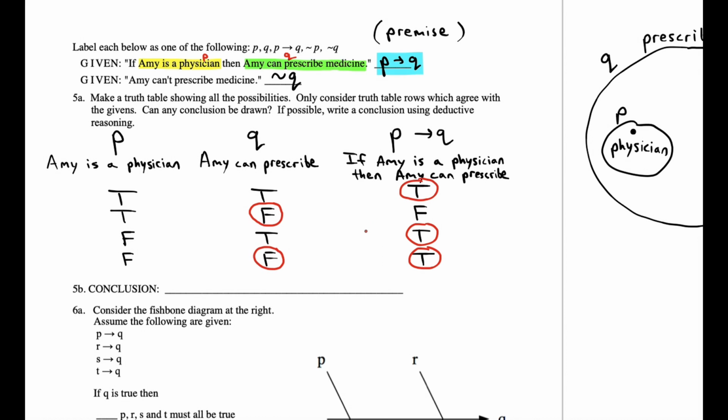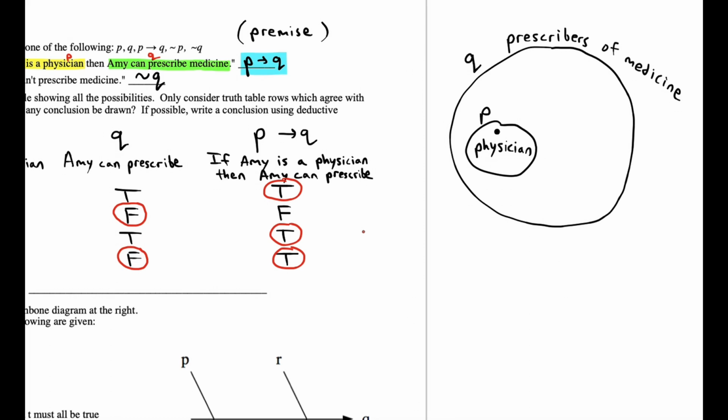I'll ask you, if Amy cannot prescribe medicine, where is she in this diagram? Is she in location A, B, or C? She is outside the prescriber bubble. Amy is out here. So we want to connect the Venn diagram idea to the truth table idea.